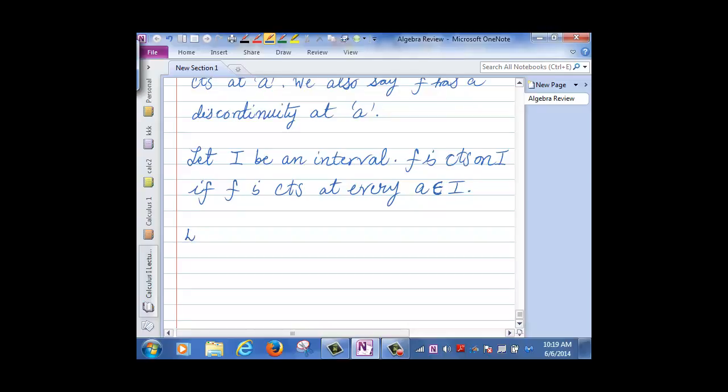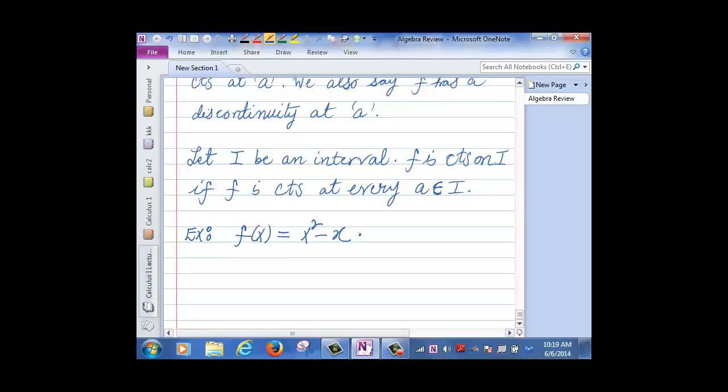Example. Let's say I have the function f of x, and f of x is a polynomial, x squared minus x. Okay? And I want to determine all the values of x where this function is continuous. Okay?